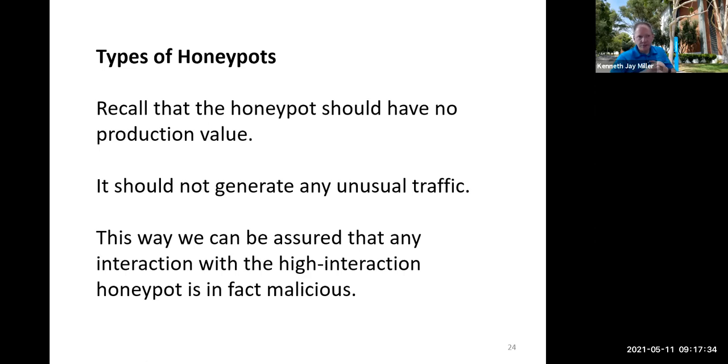We're not going to pay for an ad on Google that says, check out our service, and make up a company name. Our machine's not going to be asking for people to come into it. It's just going to be sitting there, and if anyone comes into it, we know for sure that it's from malicious activity. I know I'm kind of harping on that, but it's very important that we understand that about a honeypot.